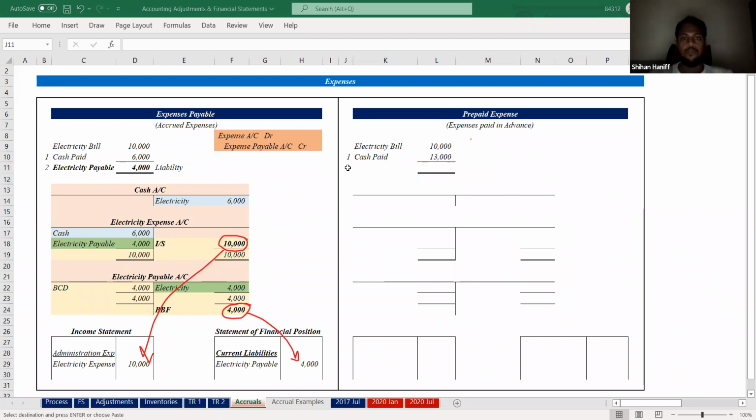Then if you pay more, it is called prepayment. Prepaid electricity.